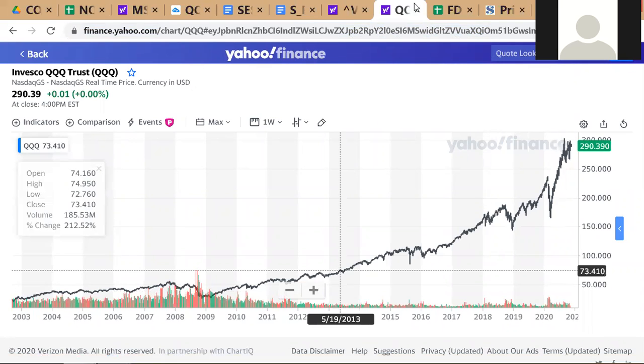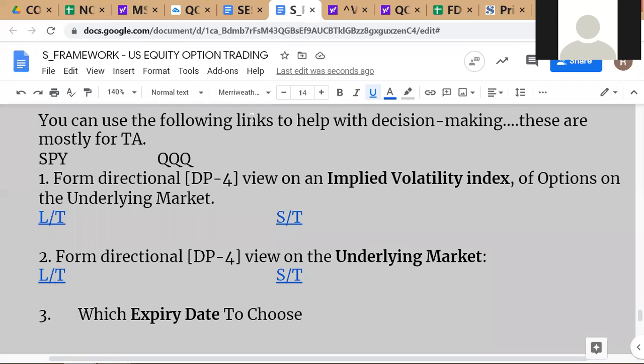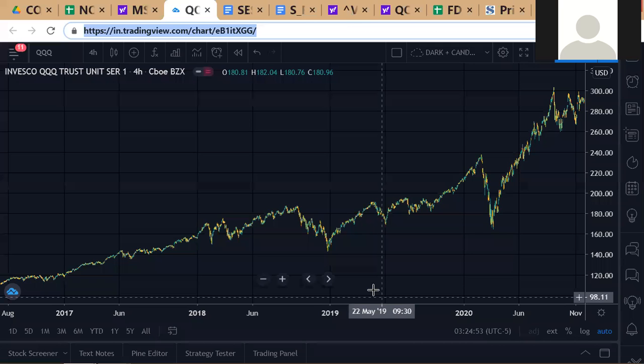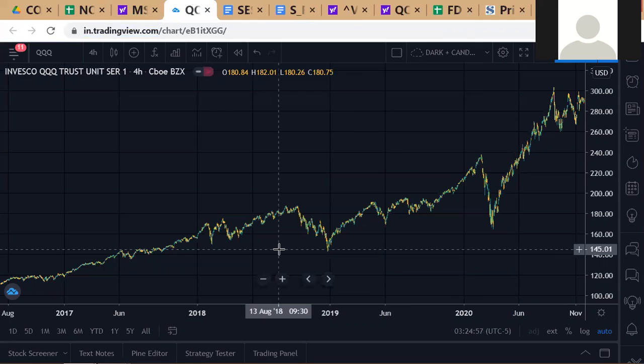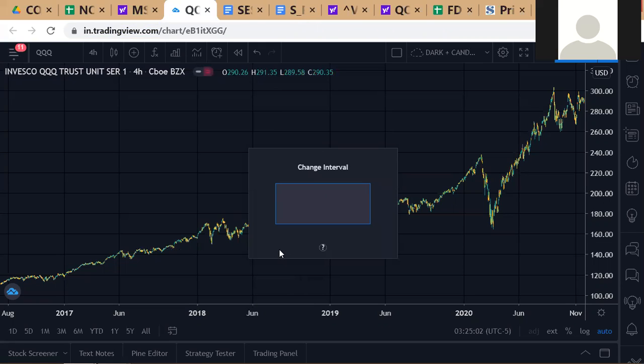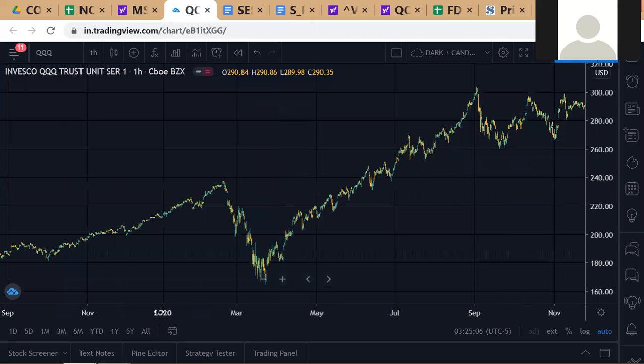And then for the short-term chart, I've given you the link that will launch the TradingView charts. From there, you can look at QQQ and put in a shorter-term chart like a 60-minute chart, which will give you much greater granularity over a shorter time.